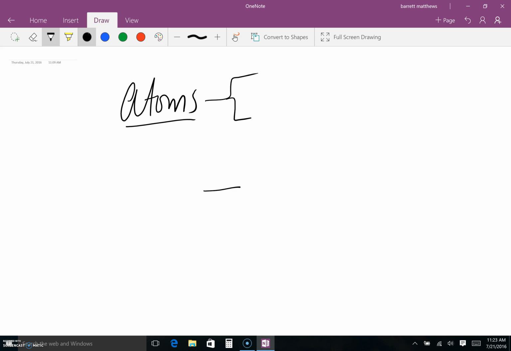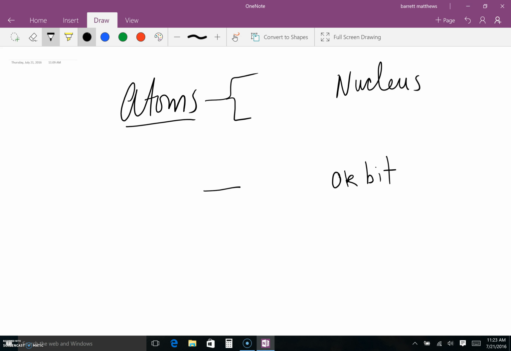We know that there are smaller parts inside an atom, and there are three parts. Two of these parts are found in the nucleus, and one part is found outside the nucleus, in orbit, going in circles around the nucleus, which is the center.